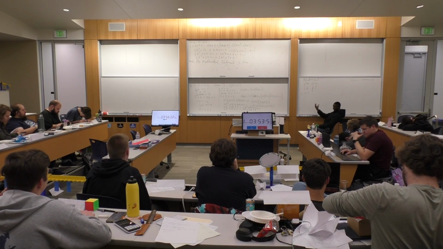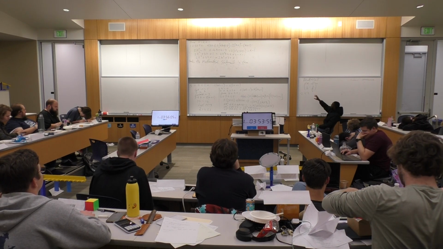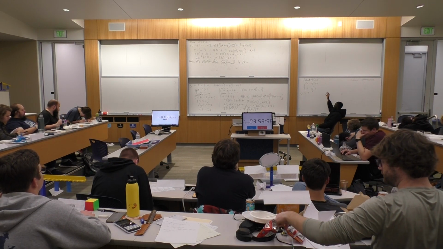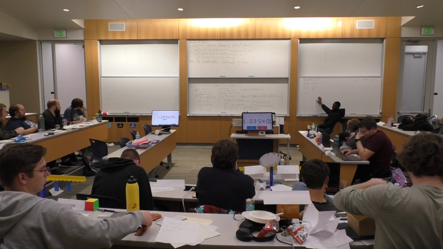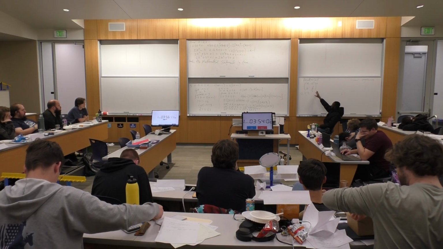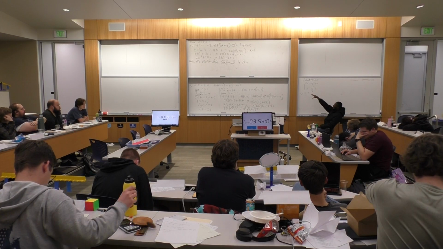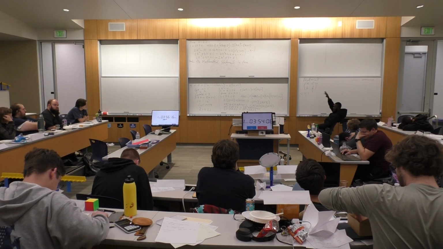So we have a 2 by 2 matrix. We have 3 by 3. That means you have 3 rows, 3 in a row and 3 in a column.